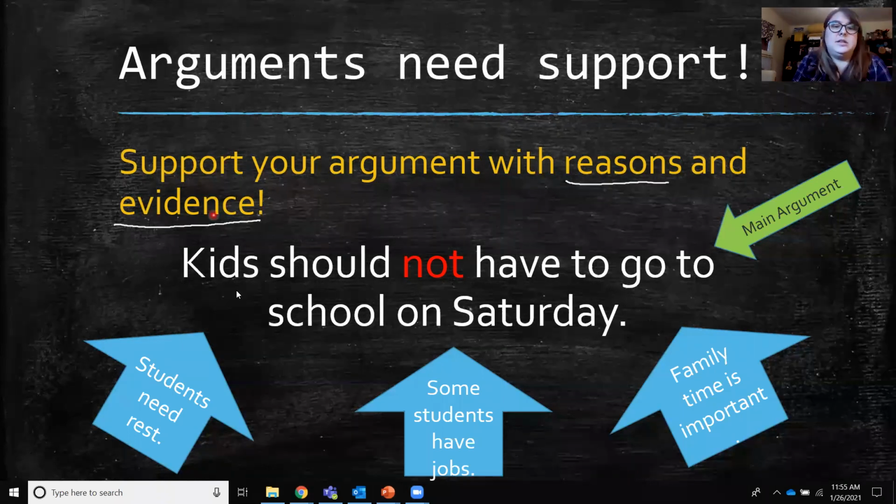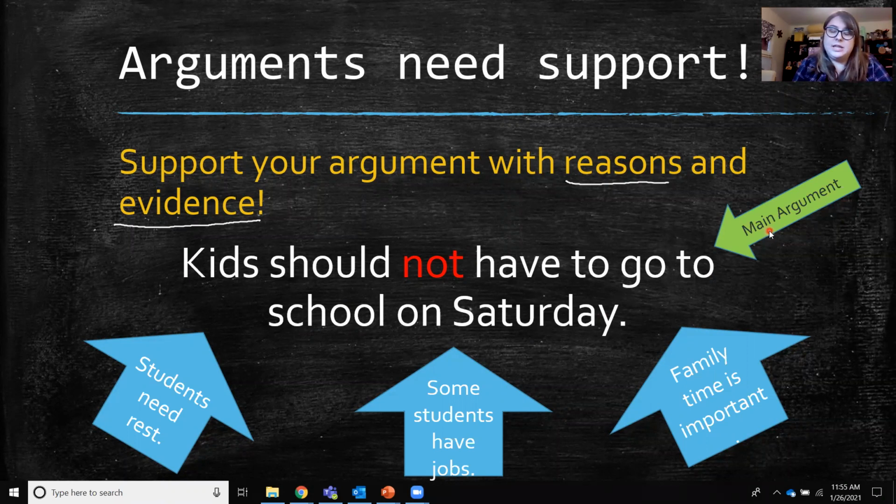So I might say something like, kids should not have to go to school on Saturday. That's my main argument. But in order to make that argument a valid argument, I need to have reasons to support it. And I included reasons like students need rest. We know that as we learn, we need to rest to be able to digest what we know and to kind of get it to stick in our memories. My second reason here is that some students have jobs.